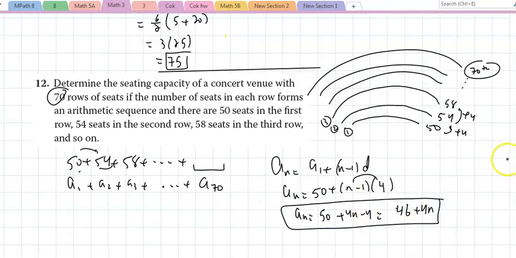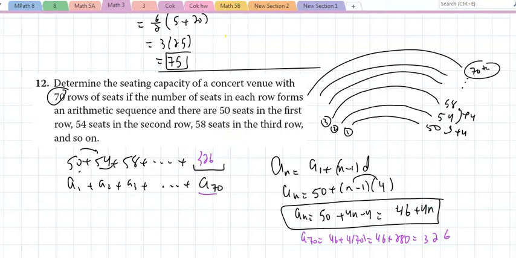What do I need? I need to know what the 70th term is. What's the 70th term? That is 46 plus 4 times 70. That is 46 plus 280. That is 326. Now what?